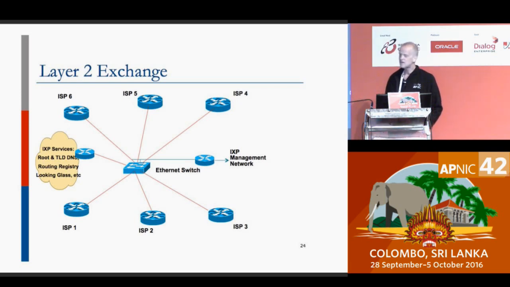And the little cloud on the side there, I've just tried to draw things like what you would typically see at IXs, like the root, TLD, DNS, perhaps routing registry, looking glass, and so forth, which we'll talk about later. And of course, the exchange point itself will need a small management network, things like getting traffic stats off the exchange, support for things like looking glasses and so forth.